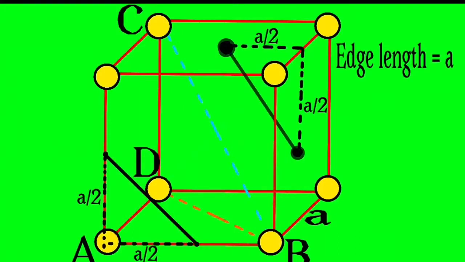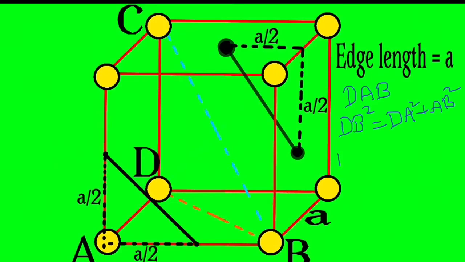Okay, now let's discuss the face diagonal, that is DAB. It is a right angle triangle and we also use the Pythagoras theorem. What does the Pythagoras theorem say? DB square is equal to DA square plus AB square.